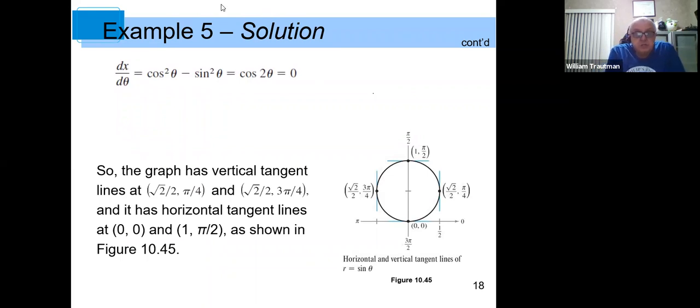You see on the first one, cosine 2 theta equals 0 is pi over 4 and 3 pi over 4. That brings up a good point.